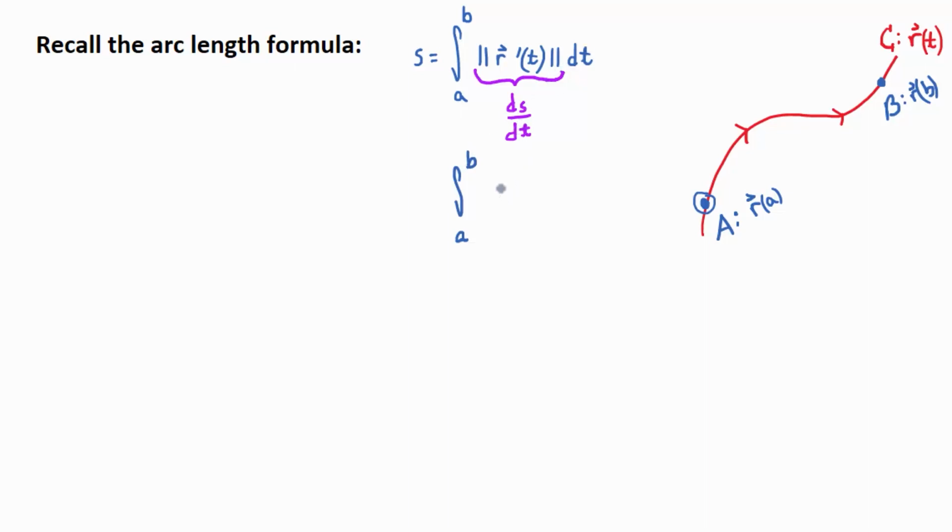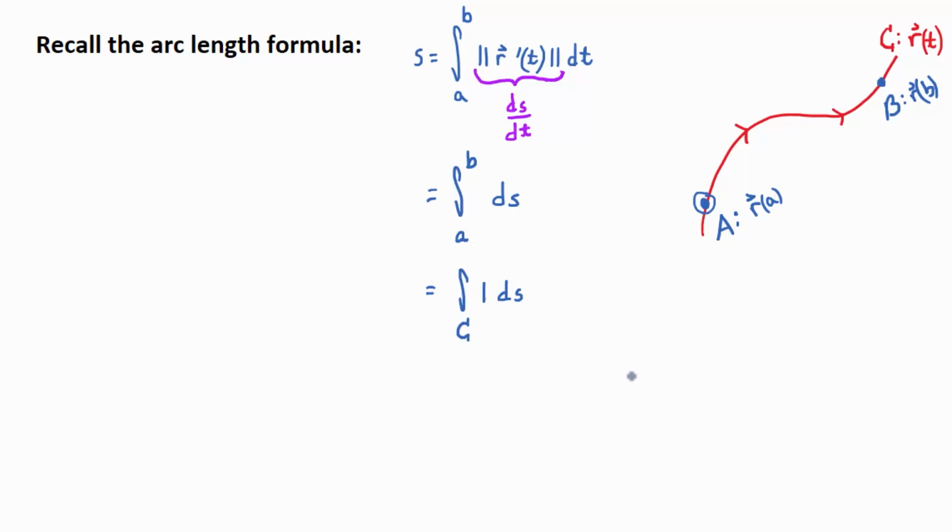I hesitate to use that word because what the heck does that mean? And we could rewrite this integral as just the integral from a to b of ds. And if we have a non-specified parameterization, we use the notation just the integral over the curve c of ds. So it's like we've invented a new integral with an integrand of 1.